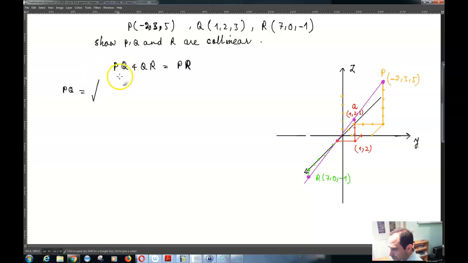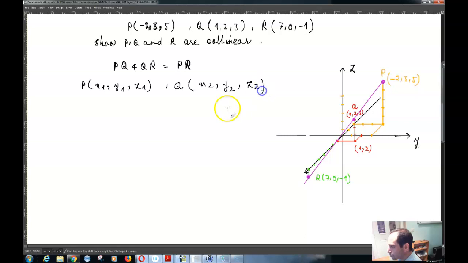We said that if I take 2 points, for example, P with coordinates x1, y1, z1, and for example Q with coordinates x2, y2, z2, then PQ in three-dimensional space would be equal to the square root of x2 minus x1 whole squared plus y2 minus y1 whole squared plus z2 minus z1 whole squared.